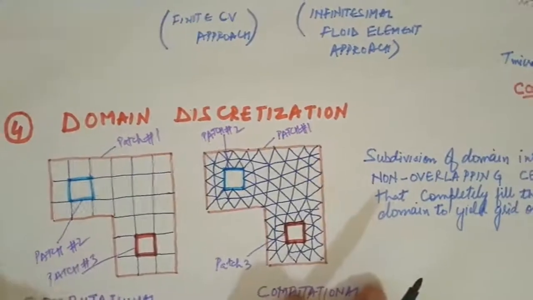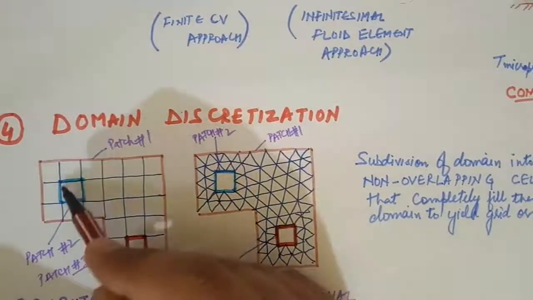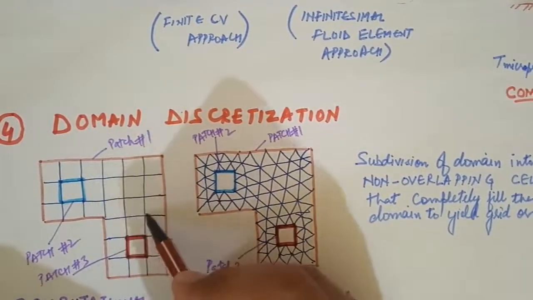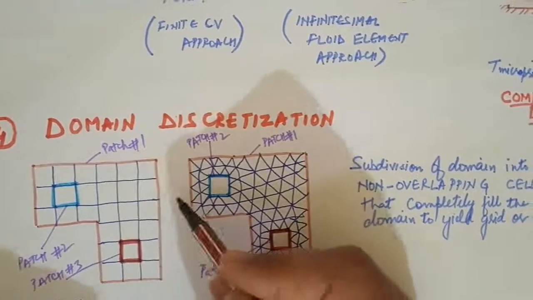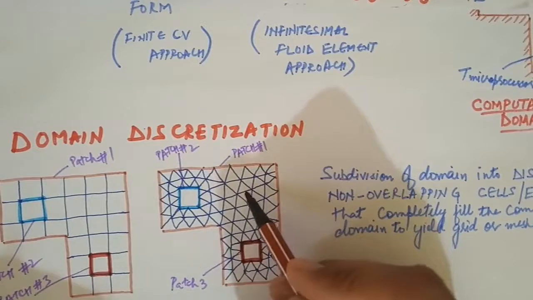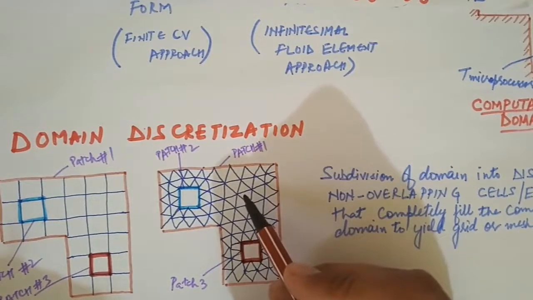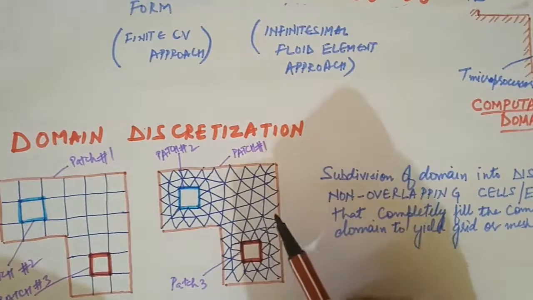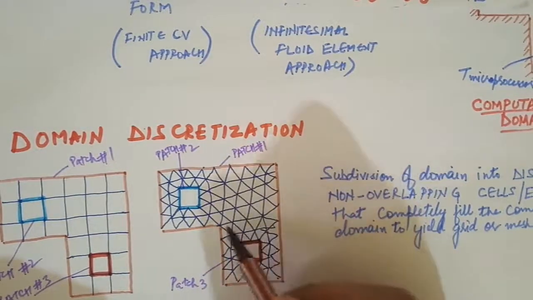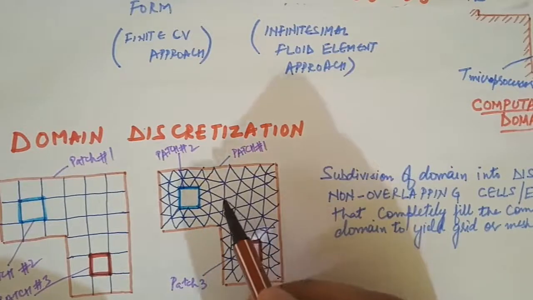You could also divide this domain, instead of these square elements, into some other kind of geometrical elements, for instance triangles. It is up to you, depending on how the geometry looks, we will figure out which is the most optimal geometric element.